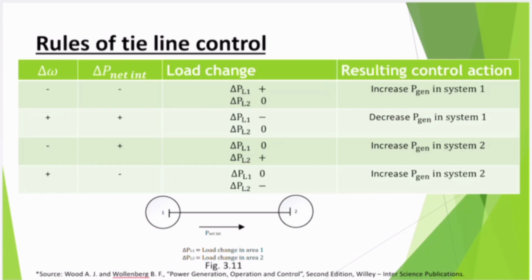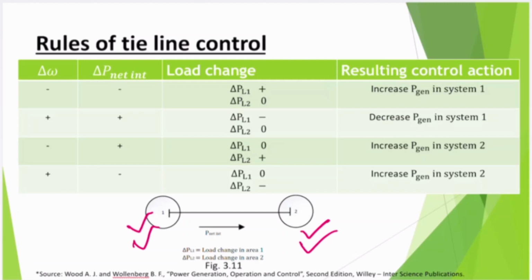Now, there are a few basic rules that we follow in case of tie line control. These are standard regulations. What happens if there is a load change, delta PL1 is positive and delta PL2 is 0? That means there is no change in load in my area 2. This is my area 1, this is my area 2, or you can say this is my machine 1 and this is my machine 2.